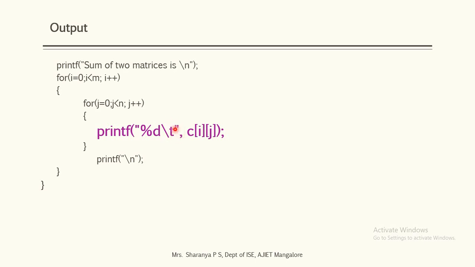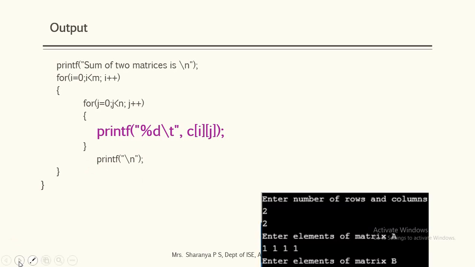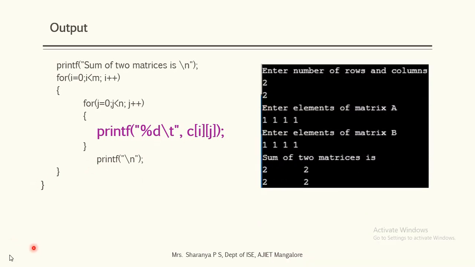Along with that, we are mentioning the \t, that is nothing but a space with which it needs to display the result. And here, what does this printf \n refer to? It is giving the new line after printing the first row. This is how the output will look. First it asks for the number of rows and columns.